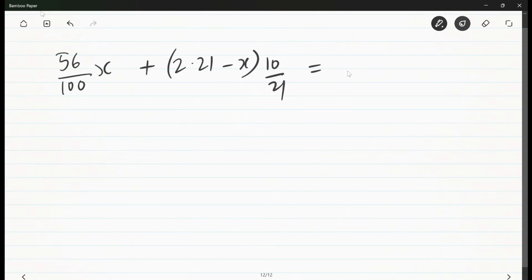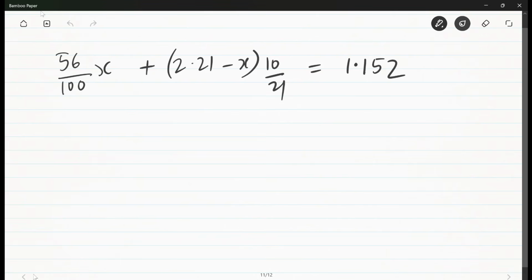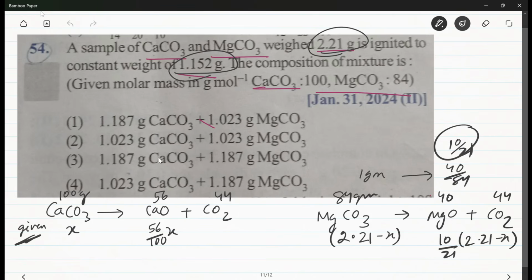Is it the correct division? 40 by 84, 10 by 21. Yeah, correct. Is equal to 1.152. Check once. So this is CaO, this is MgO, and the total residue is 1.152. Now solve for x. Please solve the value of x.